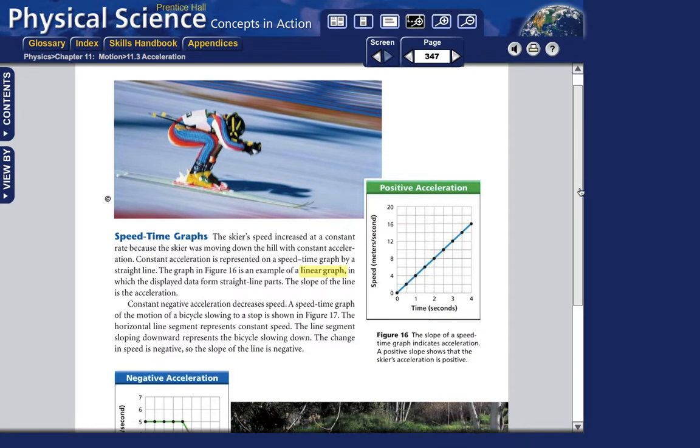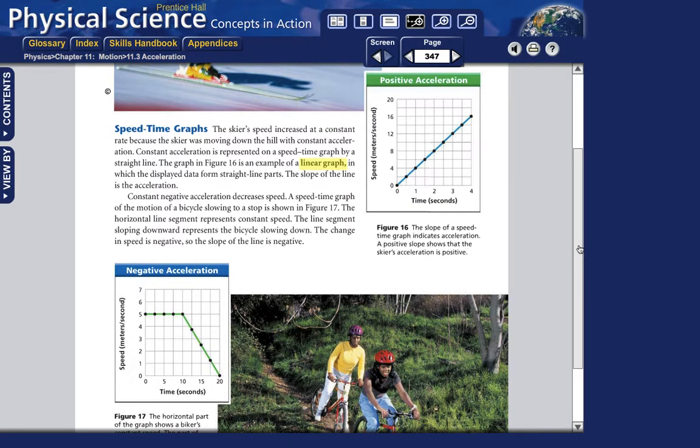These aren't distance time graphs, they're speed time graphs. And speed divided by time is acceleration. So these are acceleration graphs. You have positive acceleration, which means they're speeding up, and you can see the speed increases as the time increases. You're, again, learning to read graphs.